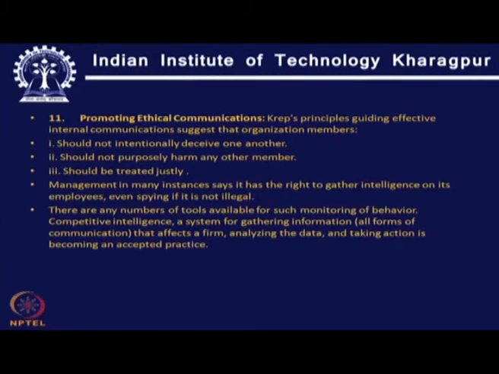We have to promote ethical communication, in the sense that people should not intentionally deceive each other, they should not intentionally harm each other, and they should be treated justly. There are certain issues of discussion, like to what extent privacy of information shared should be respected in the organization.